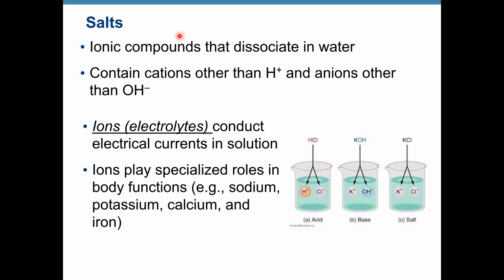Salts. So salts are ionic compounds that dissociate in water. And when they dissociate in water, they contain cations other than hydrogen, H+, or anions other than hydroxide, OH-. So if you look over here, we have acid, base, and salt. All of them can dissociate in water. But look, if an acid dissociates, it has hydrogen cation.